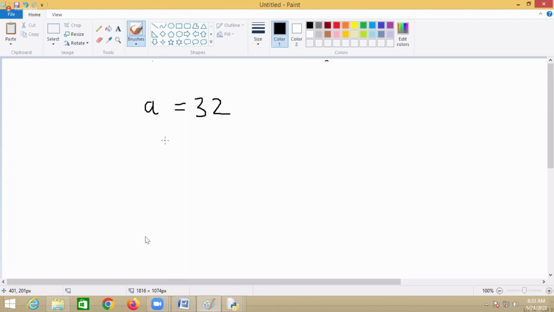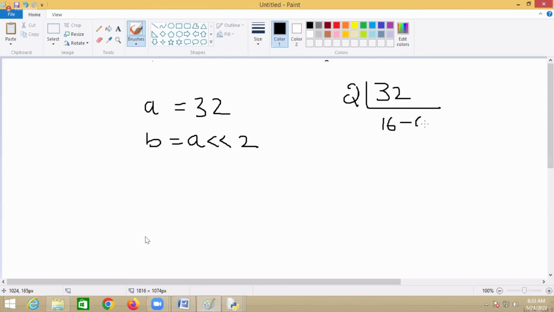32. And the value of B is A left shift 2 bits. Then convert this 32 into binary. 32 divided by 2 is 16, remainder 0.